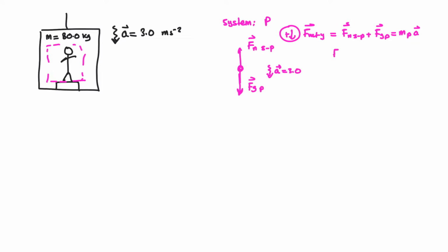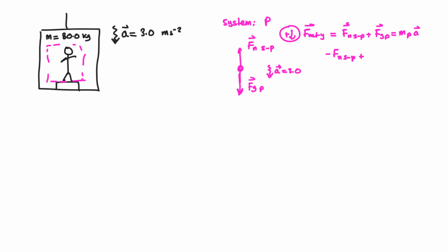So I'm changing everything into magnitudes now. This force over here, it's going upwards. My down is positive, so this becomes negative. My gravitational force that's going down, this becomes positive.